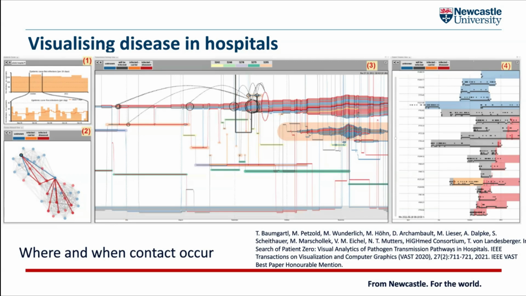So you have a storyline here. Two of these lines are close if the two patients are in the same room and separated otherwise. And the infection control expert can map backwards to try and figure out where the infection came from through these graphics.